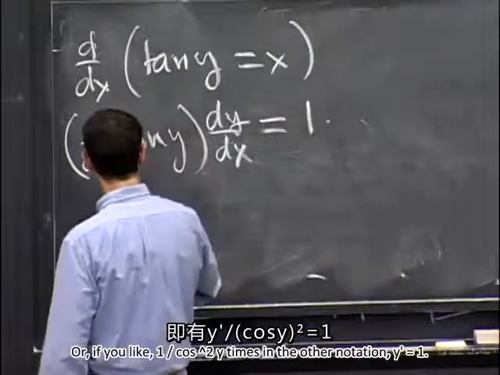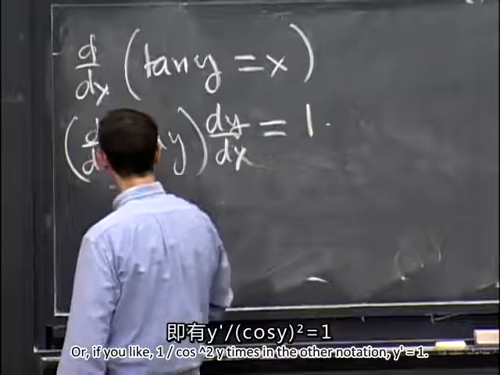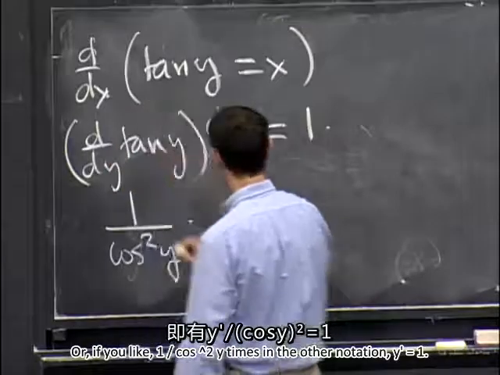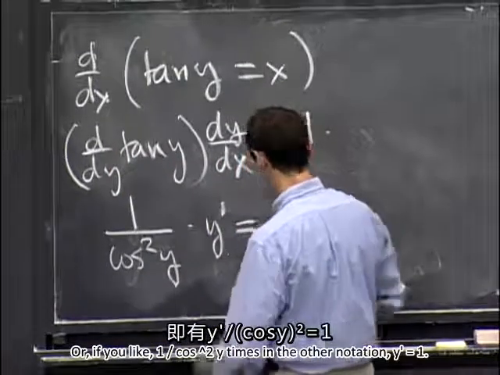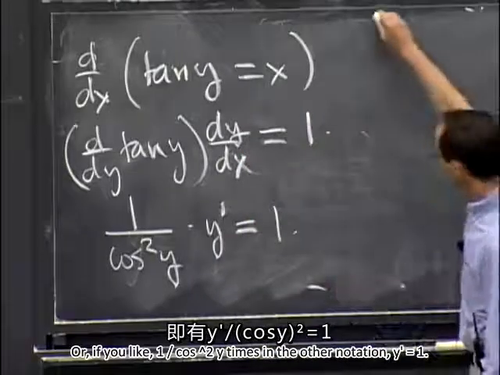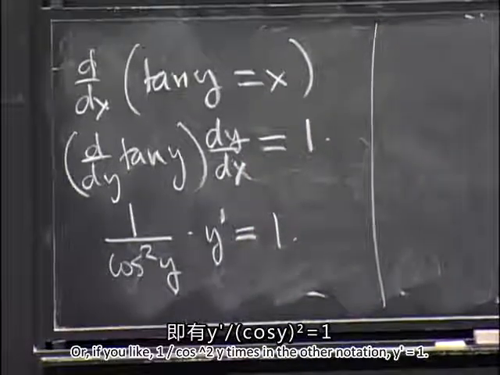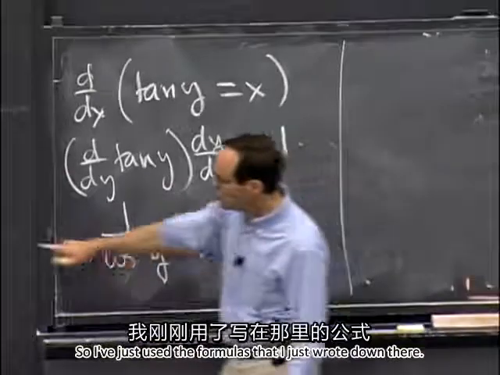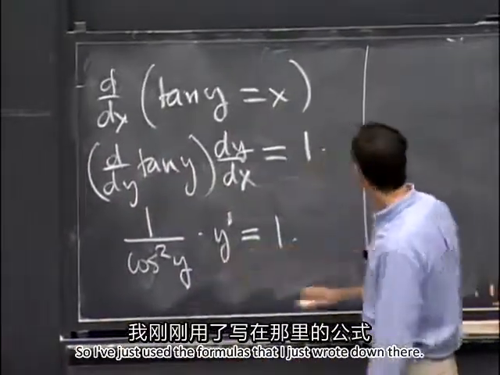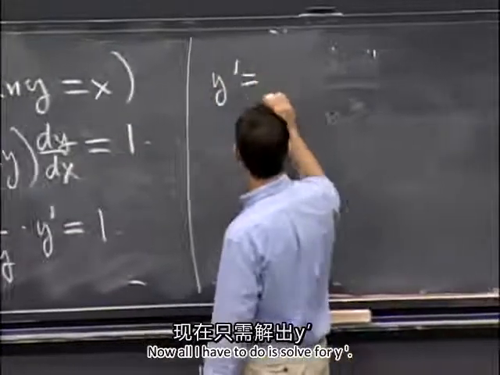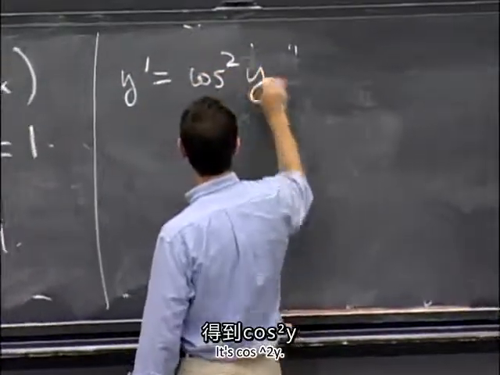Or, if you like, 1 over cosine squared y times, in the other notation, y prime is equal to 1. So I've just used the formula that I just wrote down there. All right, now all I have to do is solve for y prime. It's cosine squared y.